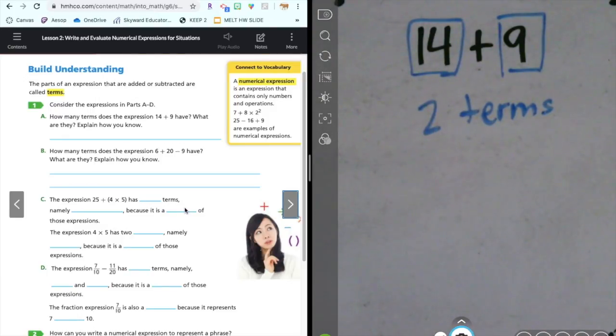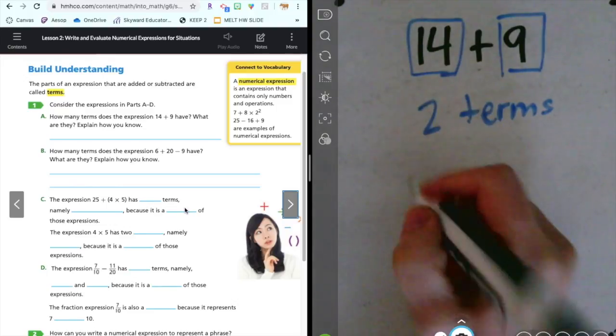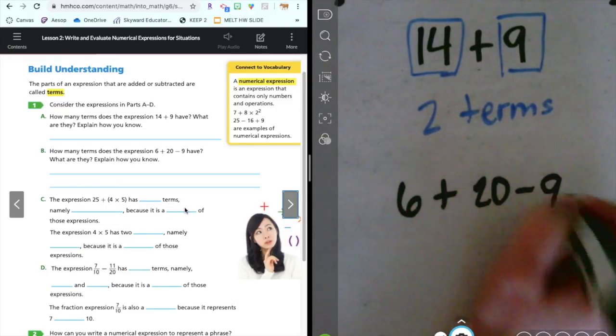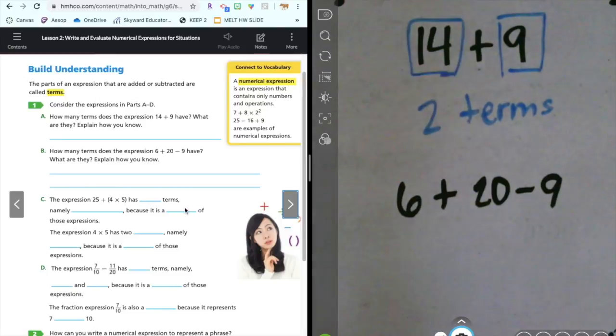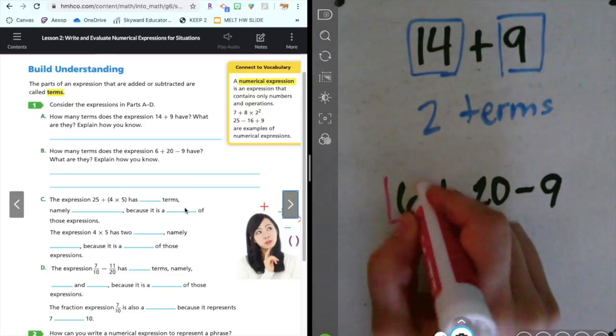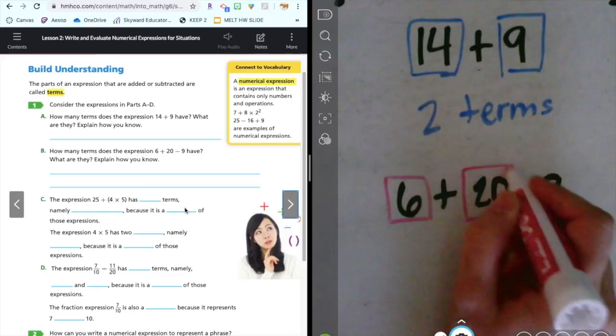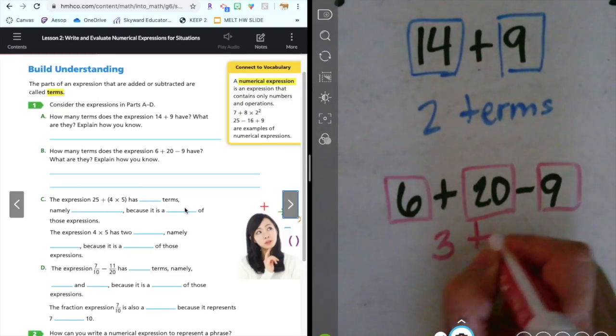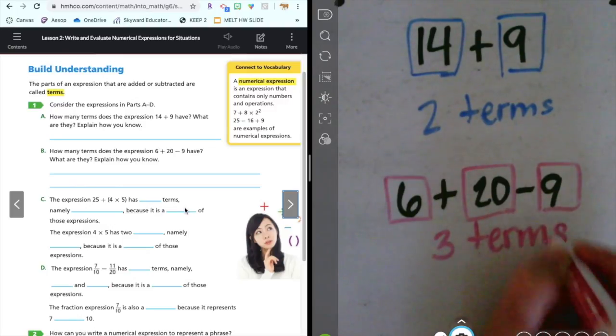Okay? If we had 6 plus 20 minus 9, well, on that one, everything that's added or subtracted. So 6 is being added to 20, and then 9 is being subtracted. So now we have 3 terms, a 6, a 20, and a 9.